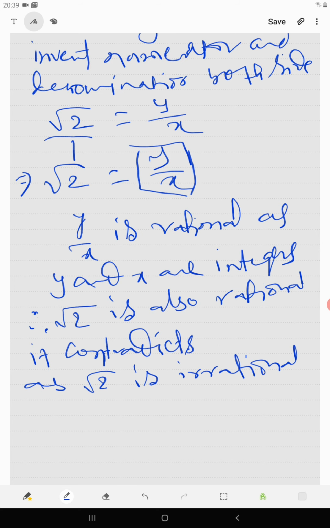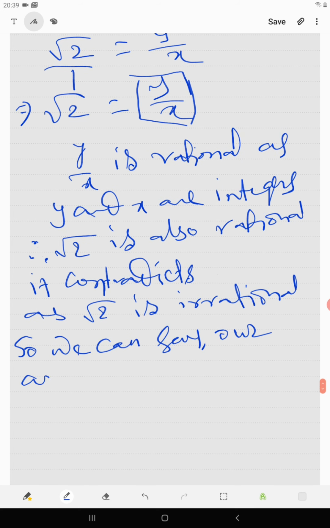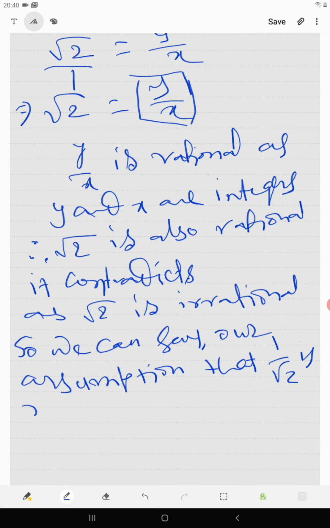Hence, since we got a contradiction, we know that root 2 is irrational, but what we got is that root 2 is rational from our assumption. So we can say our assumption that 1 by root 2 is rational is wrong.